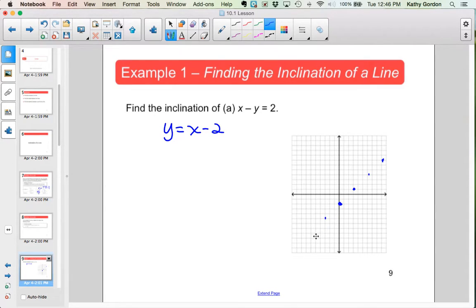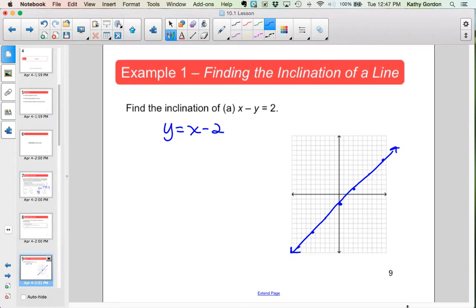Now, again, this doesn't have to be perfect, so you don't necessarily need a graph to do this. Just put some axes off to the side and do a quick sketch. Because the graph itself is not part of the problem. The graph is simply to help us have an idea of what we're looking for.